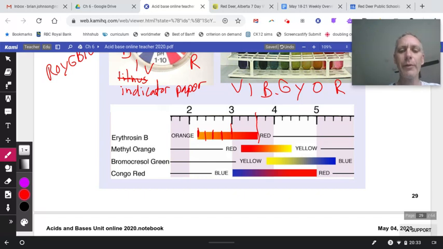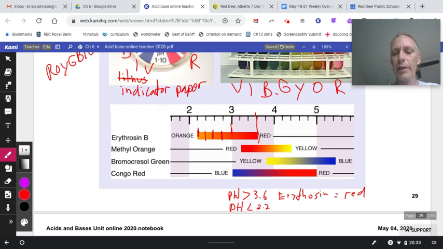So we can say about this one that if you are in a pH greater than 3.6, that one is red in color. Erythrosine equals red. And if the pH is less than 2.2, then the erythrosine will be orange. And anything in between, we get an intermediate color.